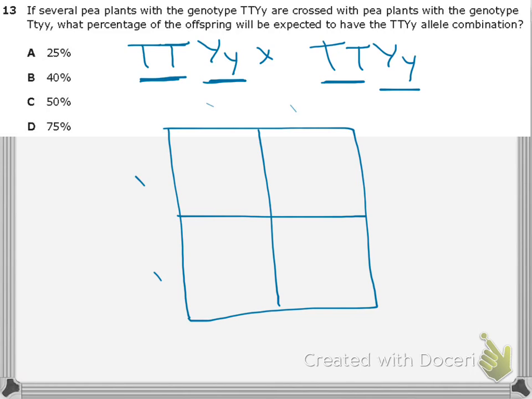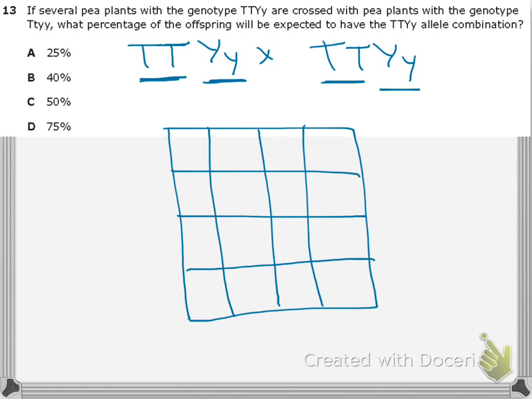But in this case, since we're working with 2 different traits, 2 different types of genes, we are going to actually have extra boxes here because we have different combinations that could happen.